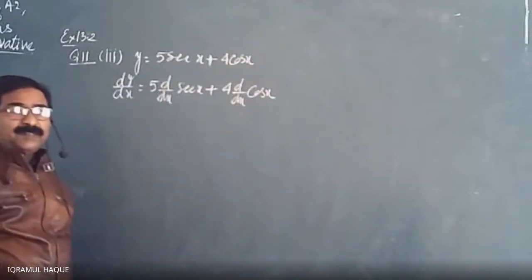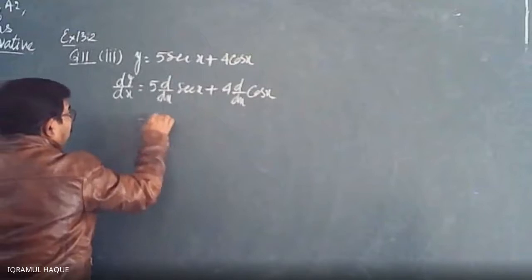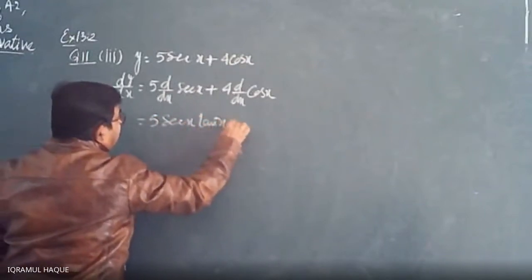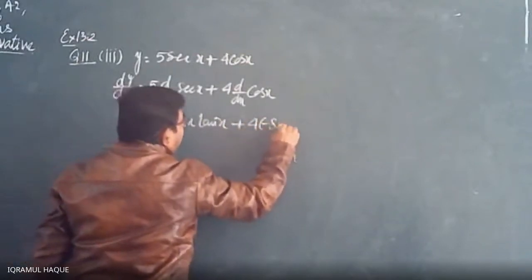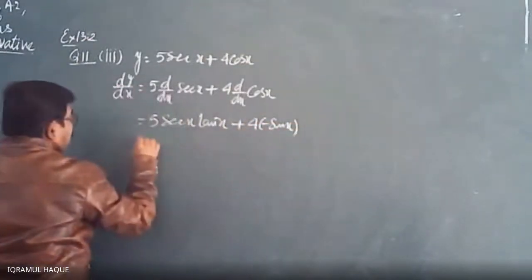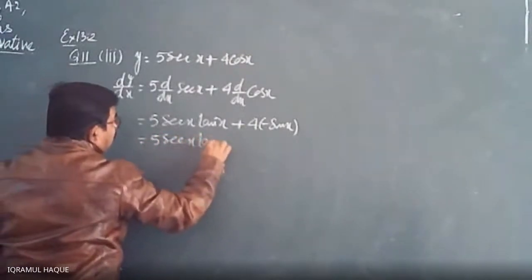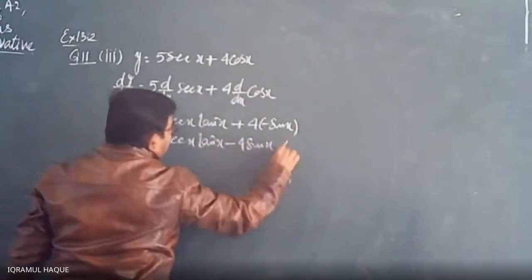Derivative of sec x is sec x tan x. So we have 5 times sec x tan x plus 4 into minus sin x. So the answer is 5 sec x tan x minus 4 sin x.